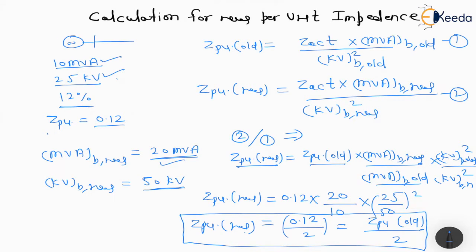We can also see that 10 MVA and 25 kV was the old value, and 20 MVA and 50 kV was the new value. So from this equation of old and new, we can find the new value whenever the old per unit value has been given.